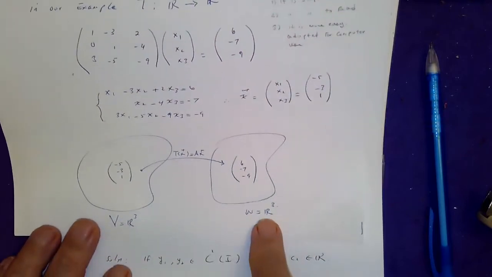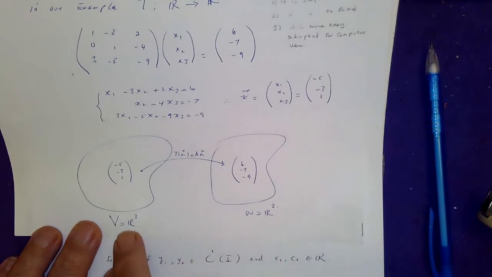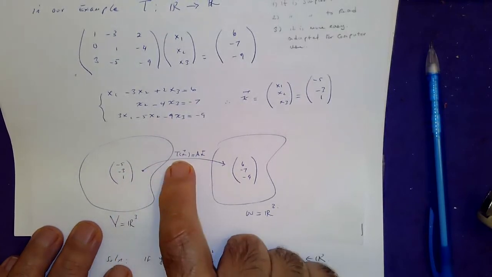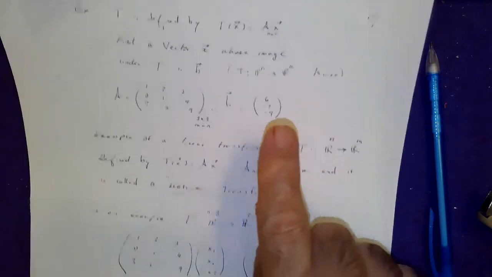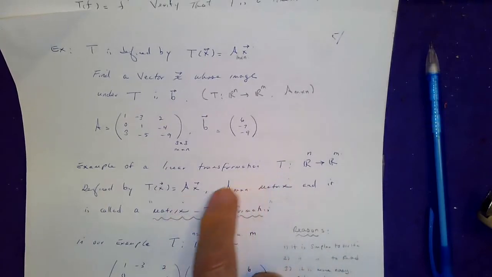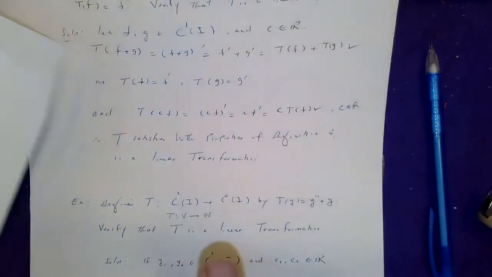And remember, this W is the codomain, which is R3, and so is the domain, which is R3. So the image of -5, -3, 1 under this transformation is 6, -7, -9, based on this rule right here. Incidentally, that matrix A is called the matrix of transformation, correct?